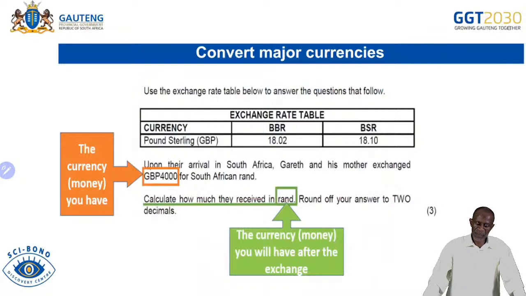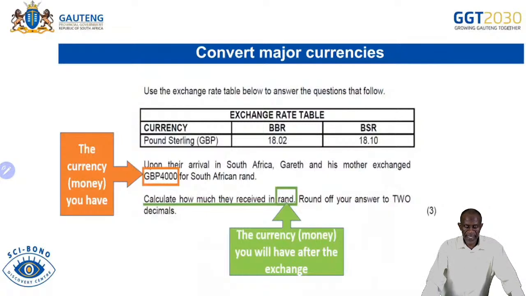So here is an example given here. We are going to use this table to convert the rand into British pounds.